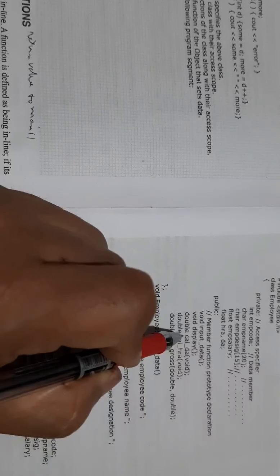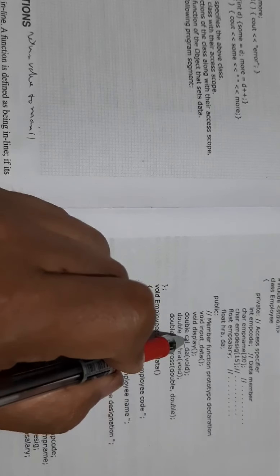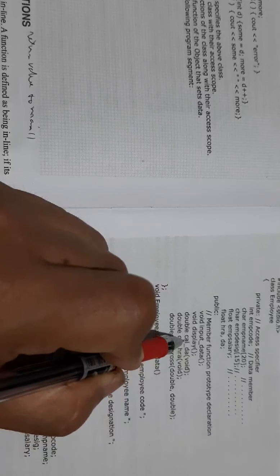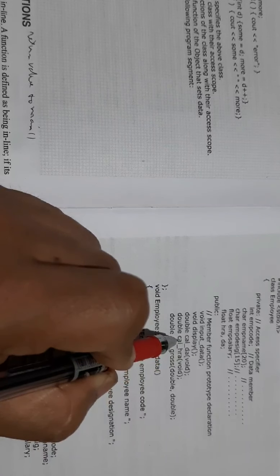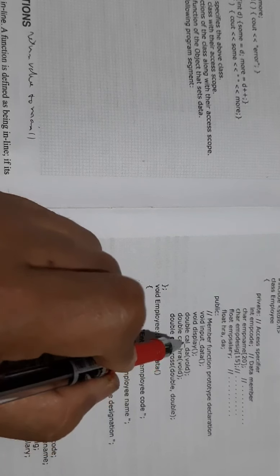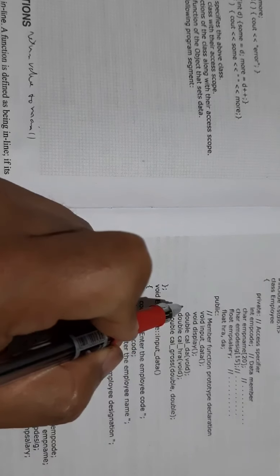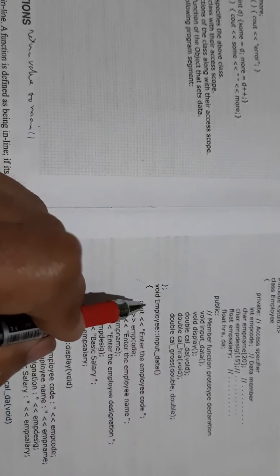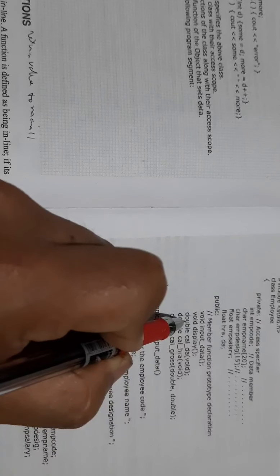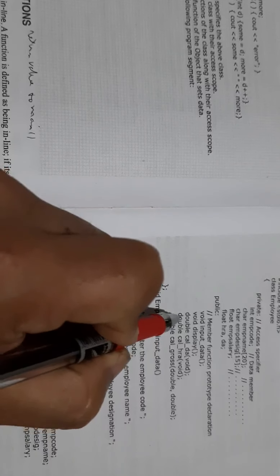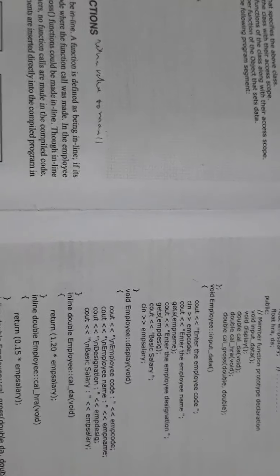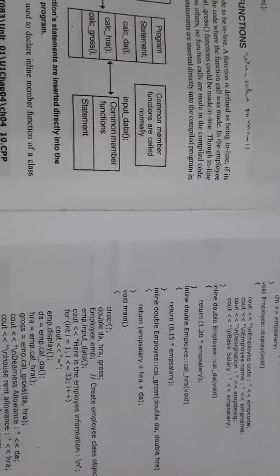Which means that these member functions, calculate DA, calculate HRA, and calculate gross, are returning a value back to the main function. So there is a return keyword associated with these member functions. The function body is returning a value of type double back to the main function. Based on that, again, if we come back to the main.